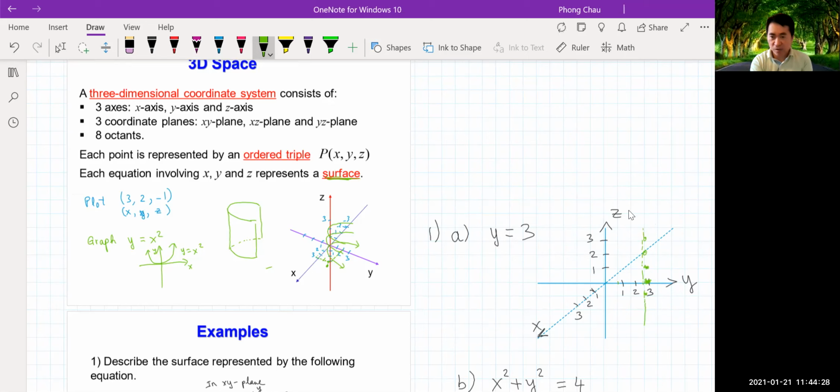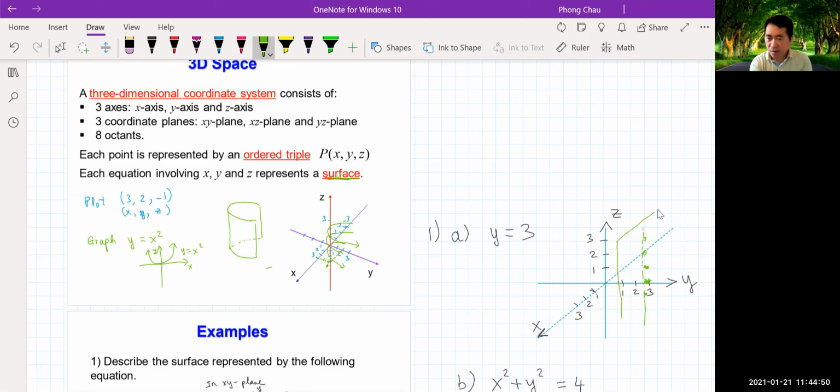In the x direction. So if you put it all together, you actually get all the points that are 3 units from the center of your screen, but could be up and down, into the computer, outside the computer screen. So you will have a plane.